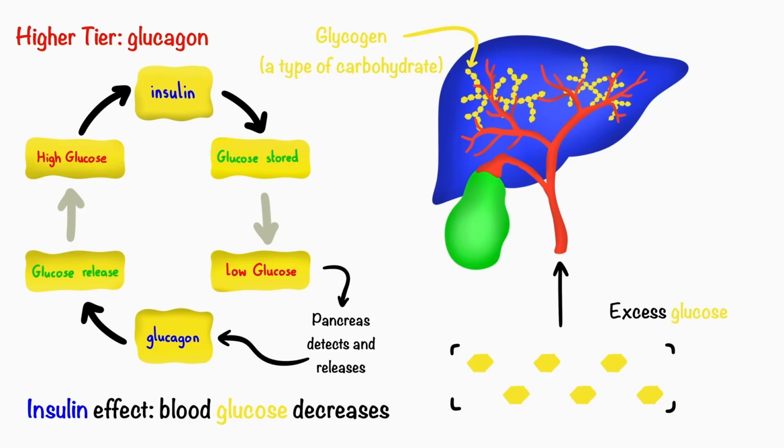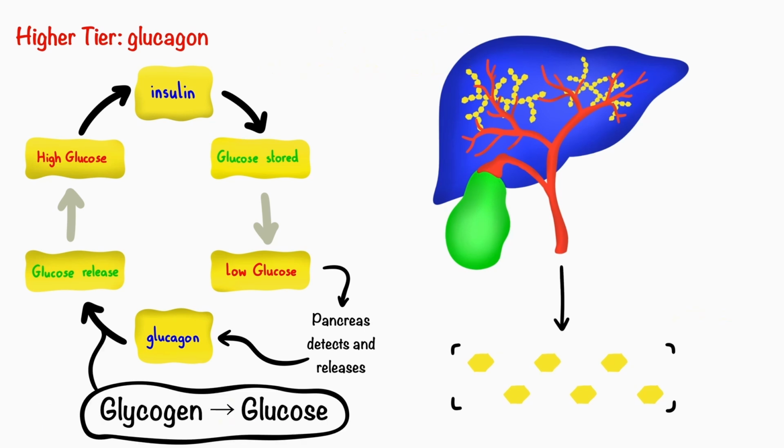Conversely, when blood glucose levels fall too low, perhaps during exercise or when we haven't eaten for a while, the pancreas detects this change and secretes glucagon. Glucagon has essentially the opposite effect to insulin. It causes liver cells to convert stored glycogen back into glucose, which is released into the bloodstream.